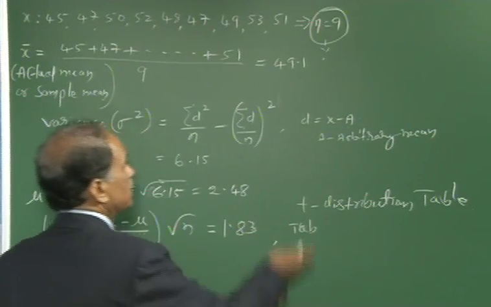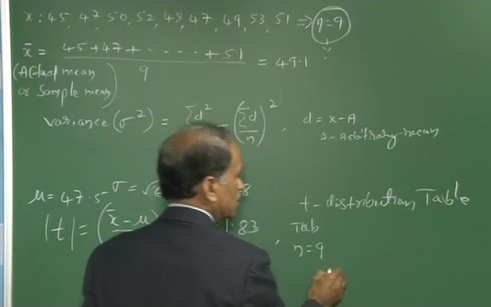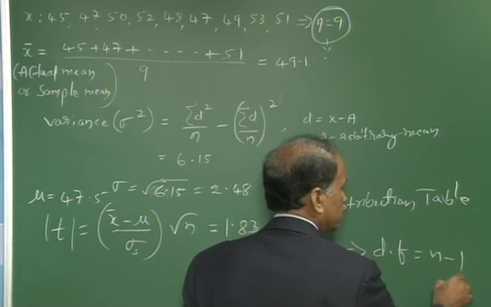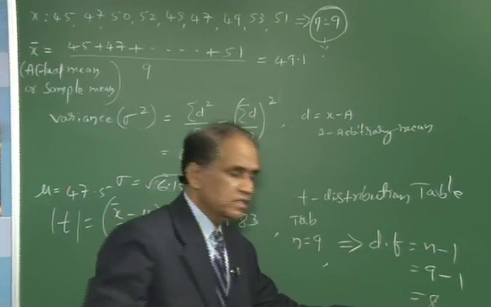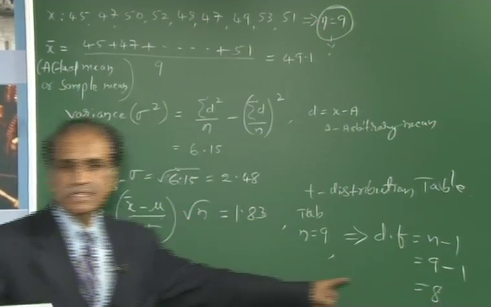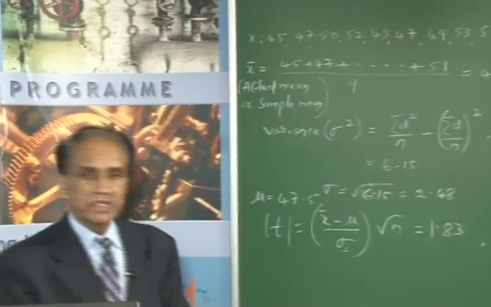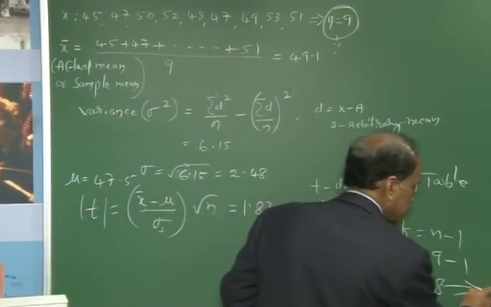Then here in terms of degrees of freedom, n is given 9, df in t-test we take df is equal to n minus 1, that is 9 minus 1, 8. Against 8 you have to refer the t value, and it comes out to be 2.31, that is the table value.